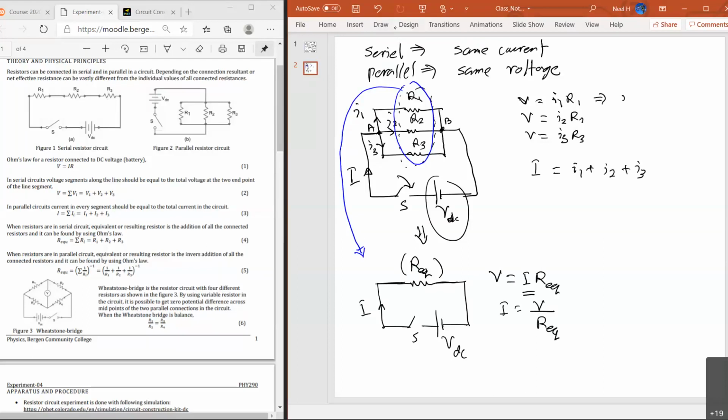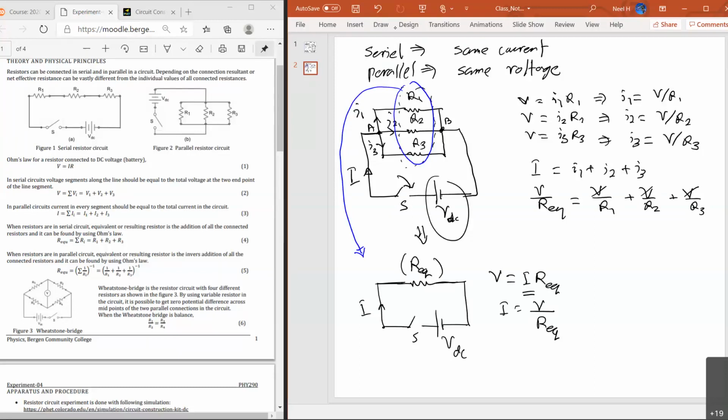Each of the I's we can find here. I1 is equal to V over R1. I2 is equal to V over R2. I3 is equal to V over R3. Then you add all of those, and you will get V over R equivalent equals V over R1 plus V over R2 plus V over R3.